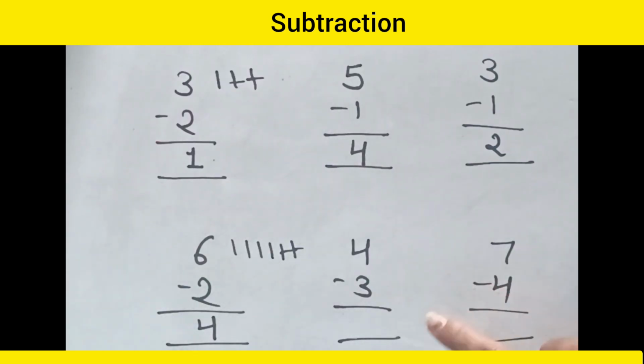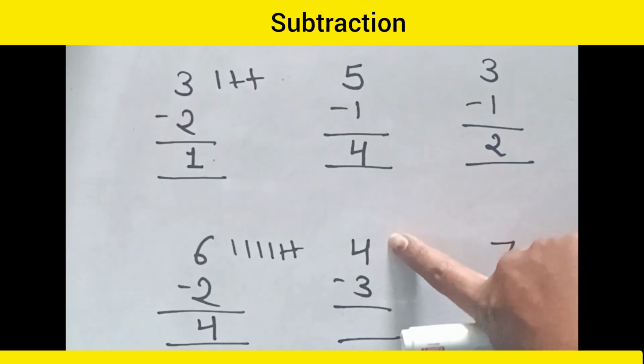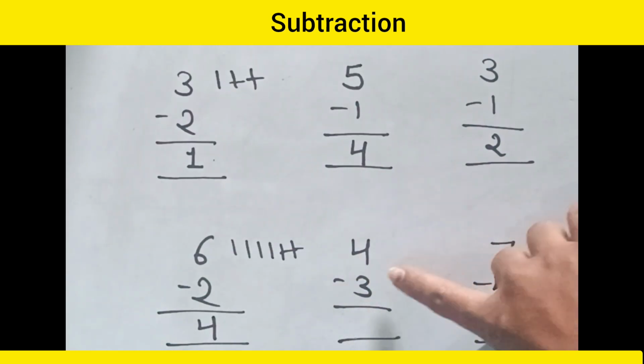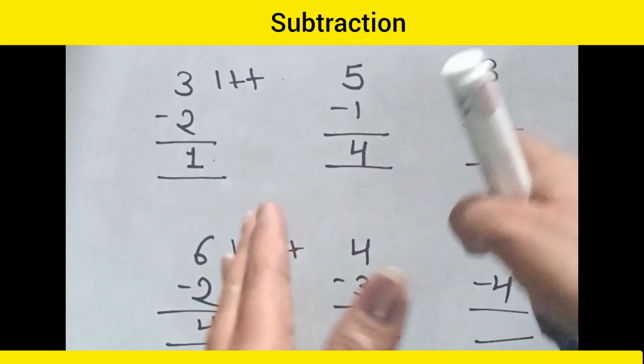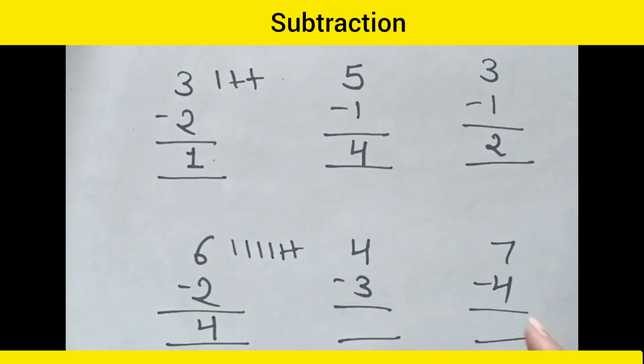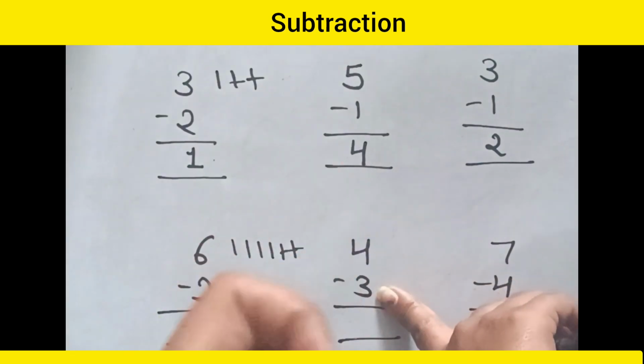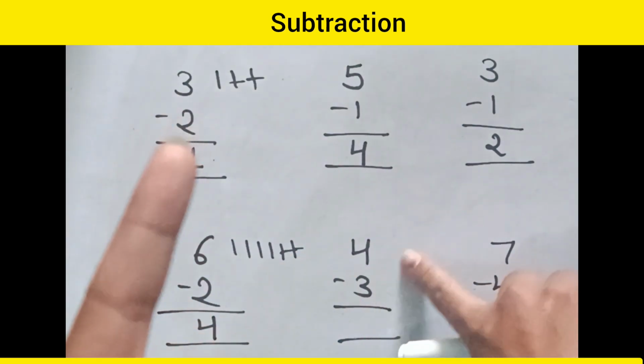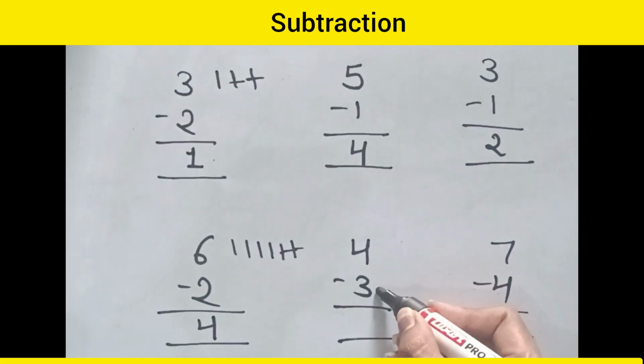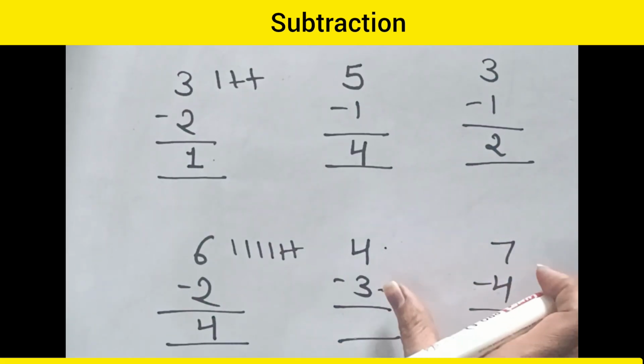So what to do here? We clearly see there is no gap in between these two numbers. So what to do? Forward counting. Count forward from 3. 3, 4. We have to count from the number 3 up to here.